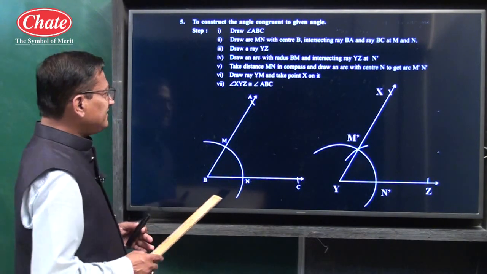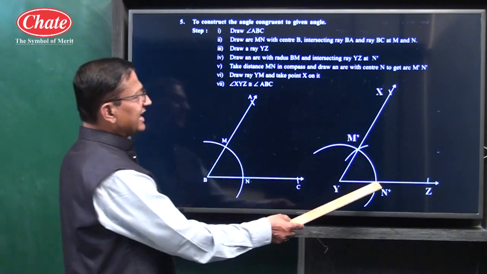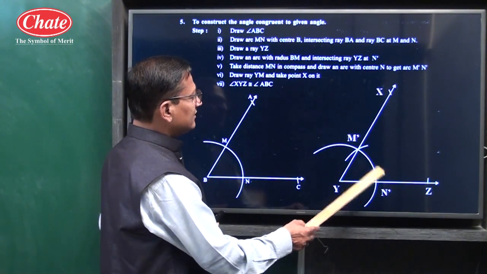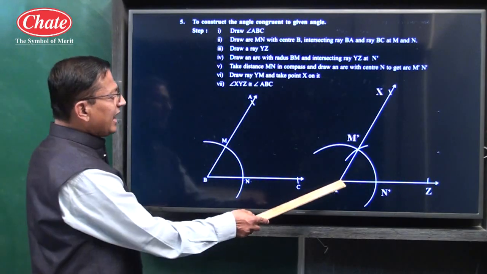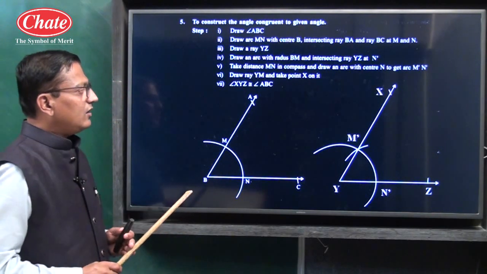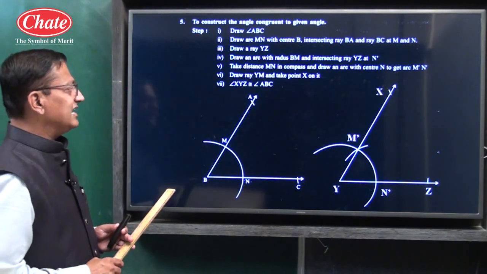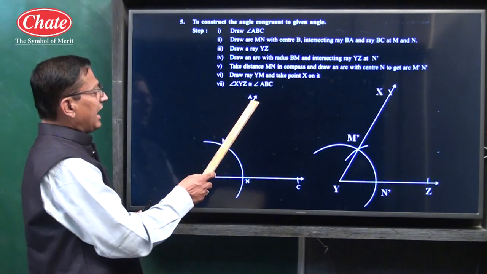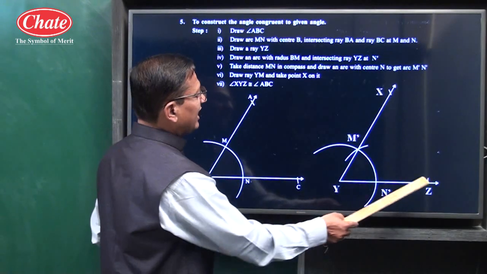Take distance MN in the compass. Draw an arc with center M dash to get N dash. Draw ray Y M dash, which is a point on ray YX. Therefore, angle ABC is congruent to angle XYZ.